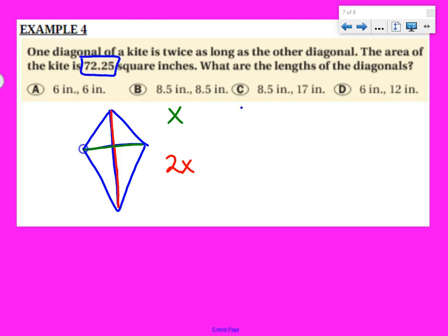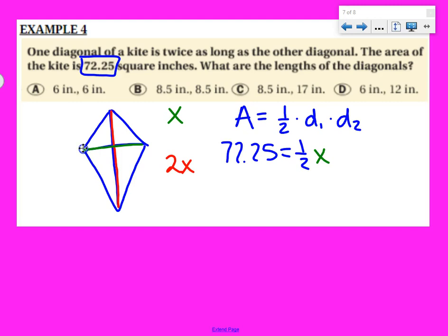So what are the lengths of the diagonals? Well, to start with, writing area equals 1/2 times diagonal 1 times diagonal 2. We know the area is 72.25 equals 1/2 times diagonal 1, which we'll call the green diagonal, x, times diagonal 2 times 2x. Multiply everything together.